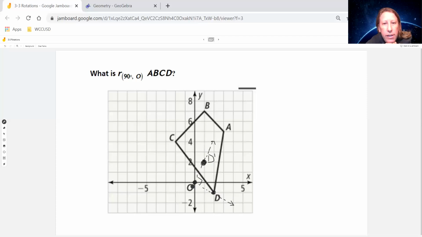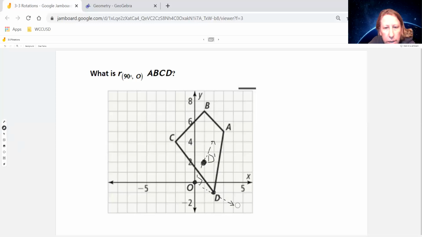I can do the same thing with point A. There's a couple ways to do this. I know that D is 1 away and 6. As soon as I know that, I could just use that for the next point. But I'm going to keep going with this.